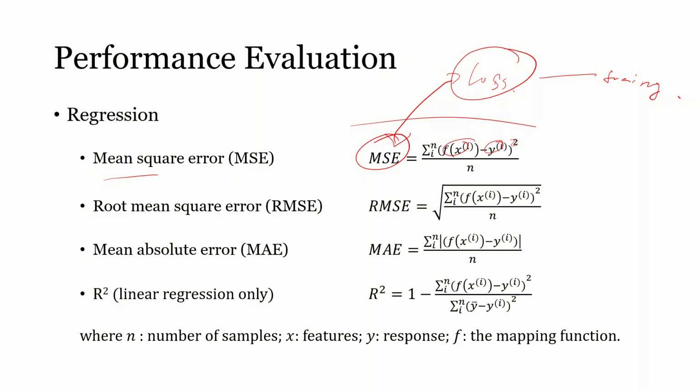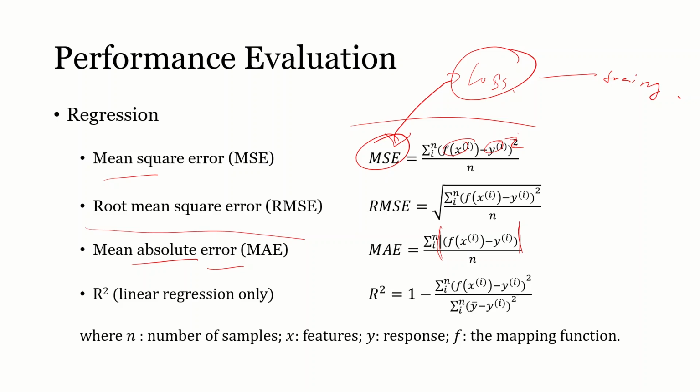So following the MSE, we have the root mean square error. Just get the square root of that. We also have the absolute error. So instead of using the square to prevent the positive and negative errors from canceling each other, we use the absolute value, so that also preserves the errors instead of letting them cancel each other.